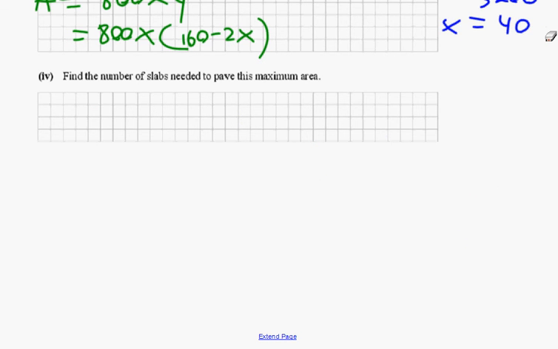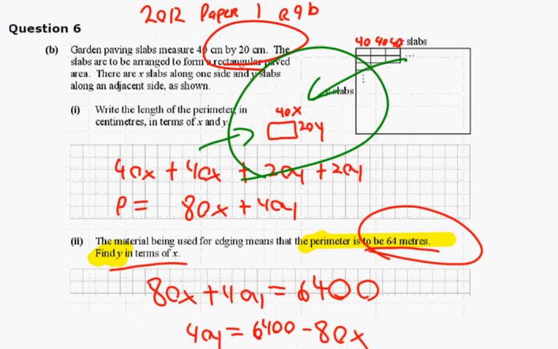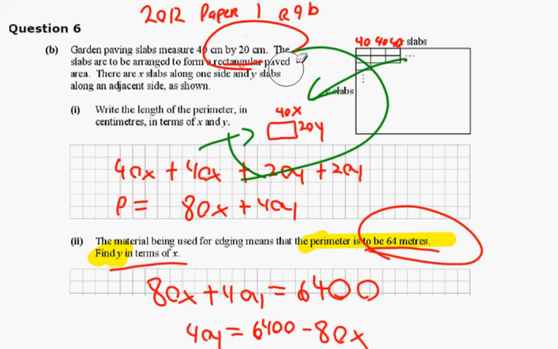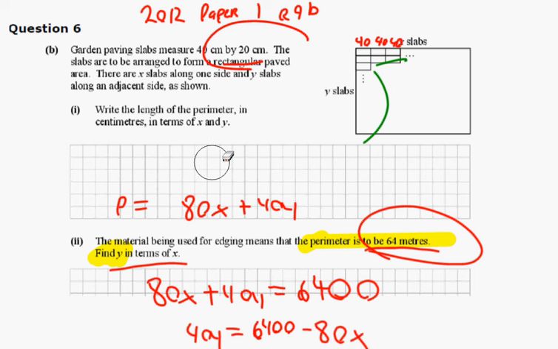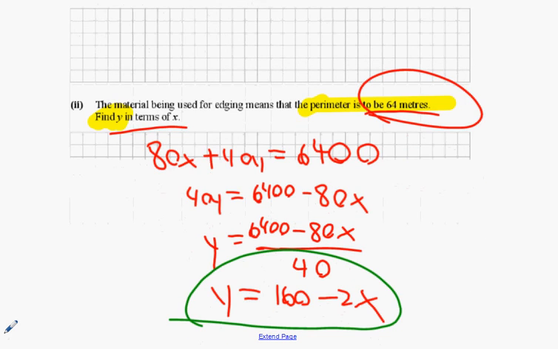So look at this, okay? Earlier in the question we had the diagram, and the diagram was back here. Okay, let's rub out all this gibberish for a minute, except that part because I need that part. It says x slabs across, so how much is that? 40 slabs across. Then we have an equation for y.